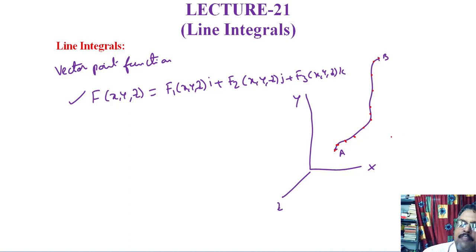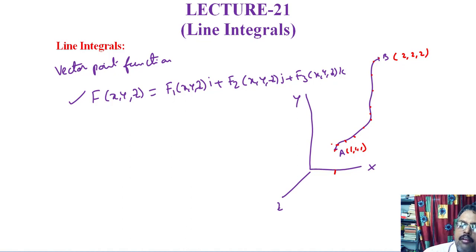Suppose, for example, the initial point is 1, 1, 1 and the last point is 2, 2, 2, just for understanding. If you put x equals 1, y equals 1, z equals 1, you will get a vector. Similarly, for another point 2, 2, 2, you will get another vector.